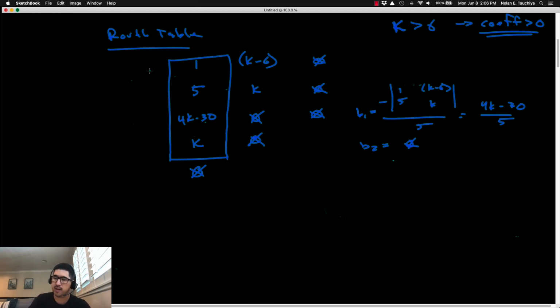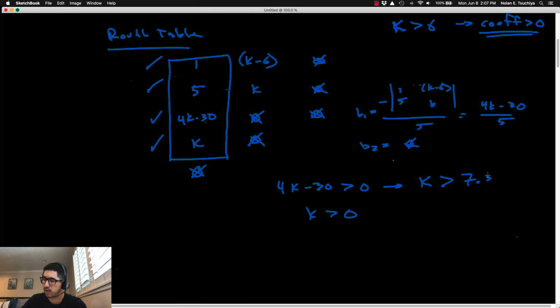What I mean by that is, well, 1 is greater than 0, 5 is greater than 0. I can make these last two elements greater than 0 as long as 4k minus 30 is greater than 0 and k is greater than 0. If both of these statements are true, then my closed loop system is stable. This one places a constraint on k, which says that k has to be greater than 7.5.